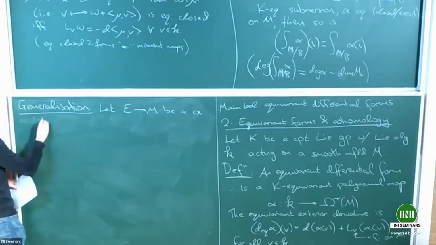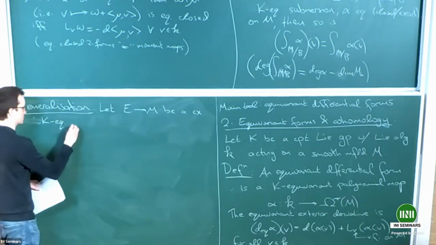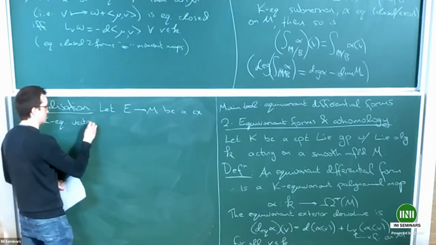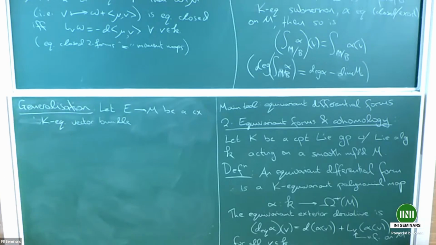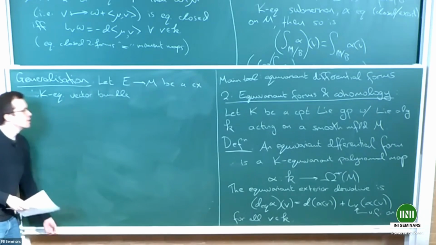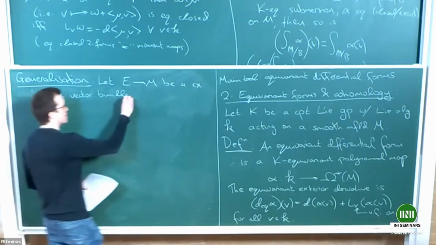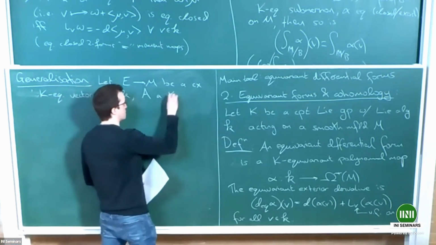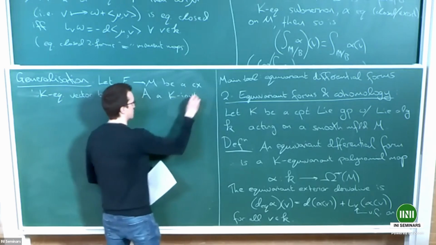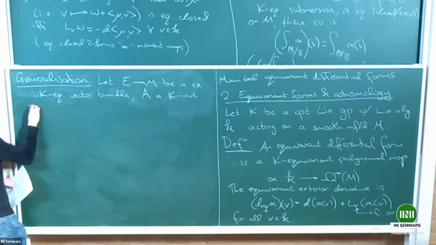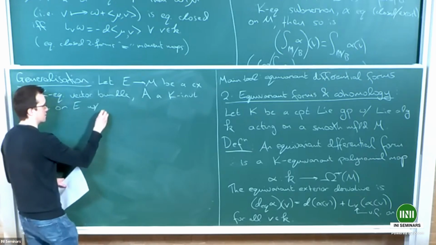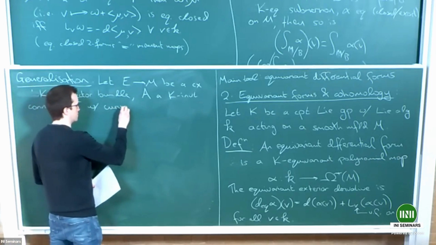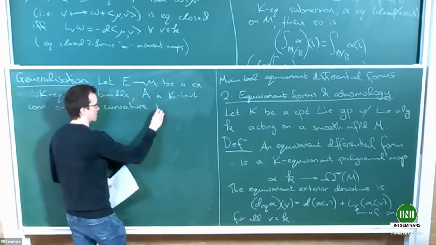And I want K equivariant. So I have an action on M by K, which lifts to the vector bundle. A K invariant connection on E with curvature F_A.